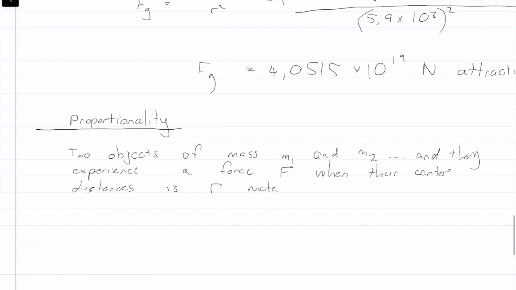Okay, so in this breakup of this question, all we've been told is we have mass m1, mass m2, they experience a force F, and their center distance is a distance r away. We've been given no numbers.